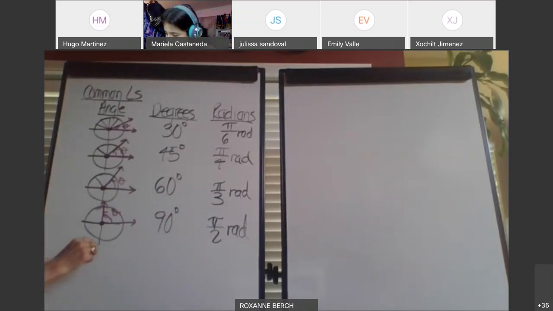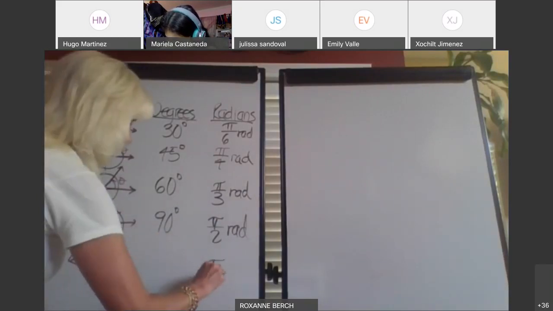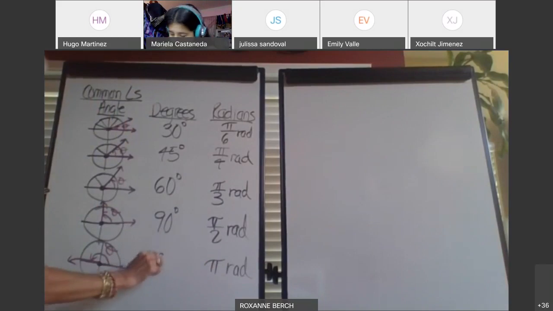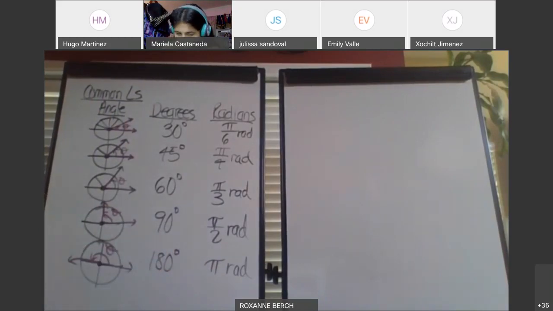One more. Yell if you can't see this, if it's too low. Actually, I have 2 more. What did I do? I didn't show the 90. That's okay. If you see this one, from here to here and here to here, that rotation, called theta, is a half a revolution, which is pi. And in degrees, that would be 180 degrees.